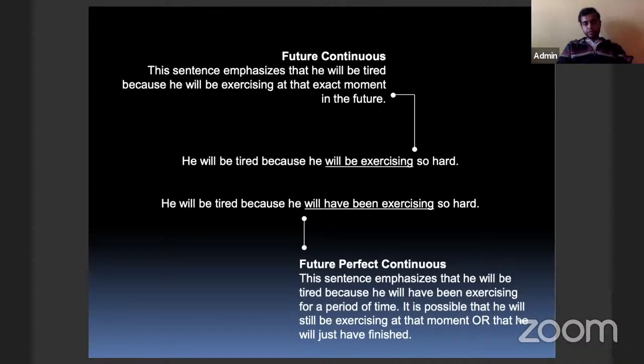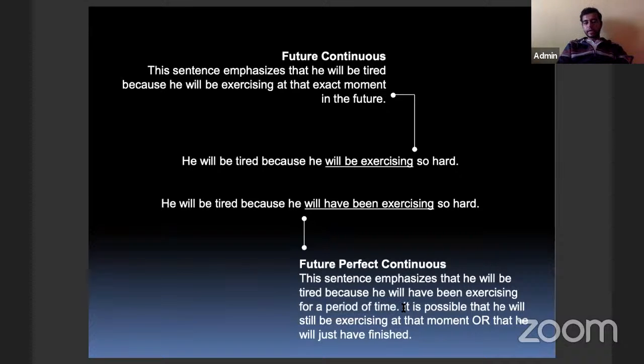But when you use future perfect continuous and you say he will be tired because he will have been exercising so hard, you say that he will be tired because he will have been exercising for a period of time in the future.